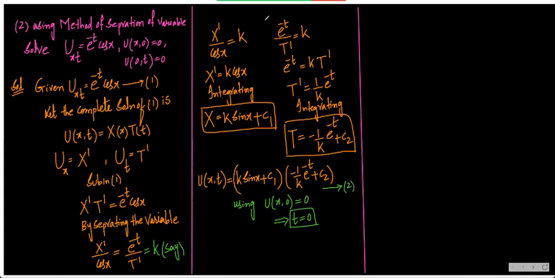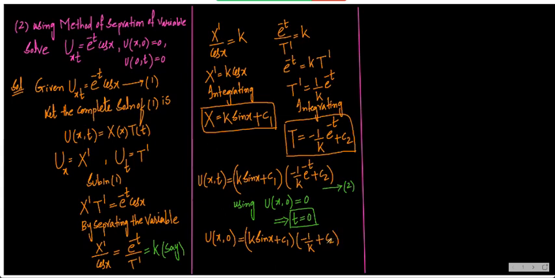So what happened if you substitute t equal to 0, tell me. No problem to this part, k sin x plus c1, no problem to this part. If t is 0, e power 0 value is 1, so the left term is minus 1 by k only, and plus c2 is left. Is it correct?